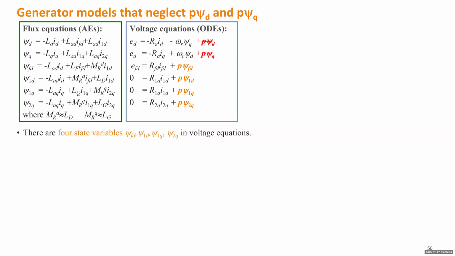Let's go back to our original flux linkage equation and voltage equation. Here we can neglect the change in psi d and psi q, which are the flux linkages with the damper windings in the D and Q axes. So we simply cross off the derivative of psi d and the derivative of psi q in the voltage equation.